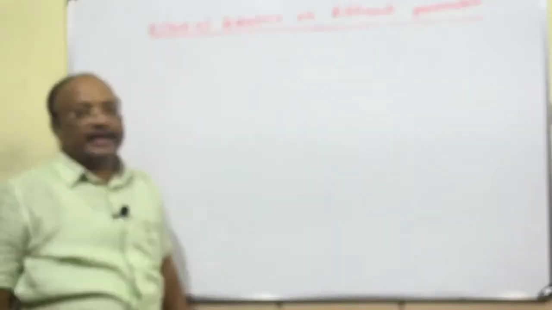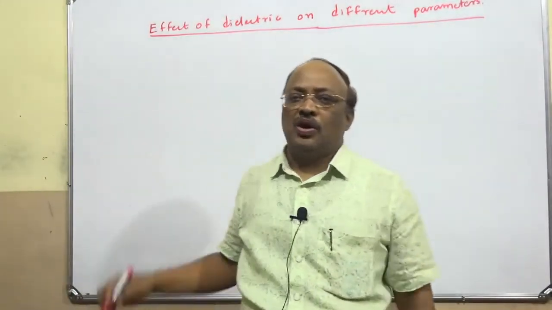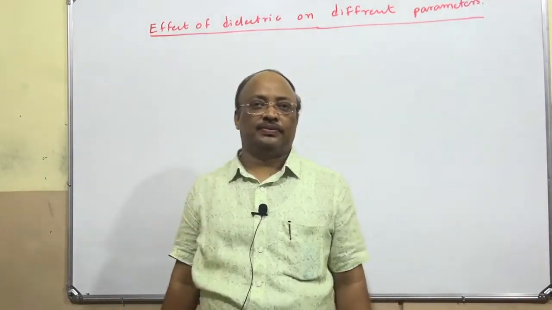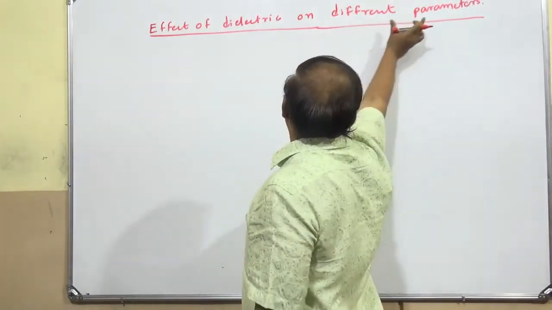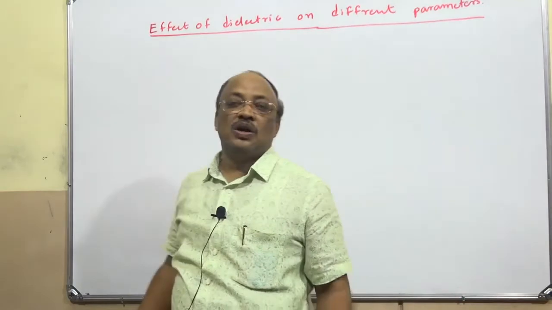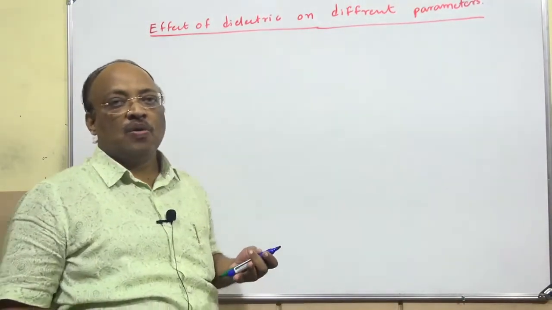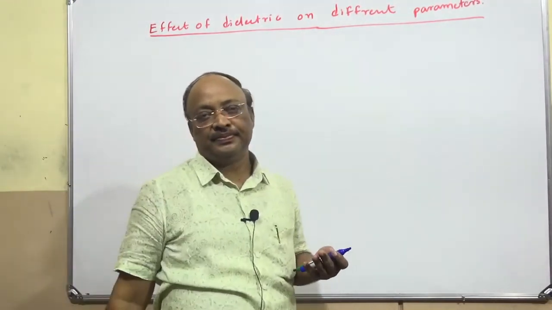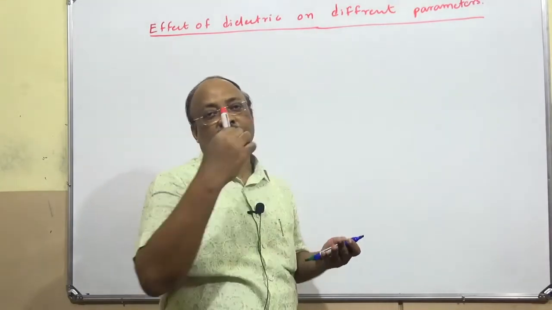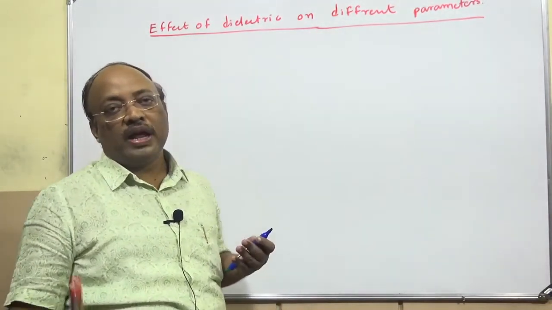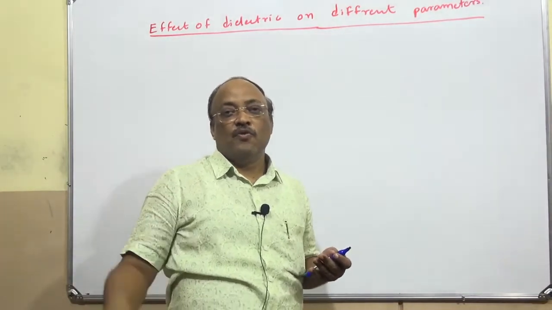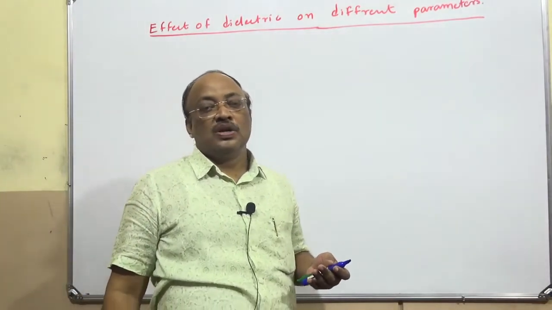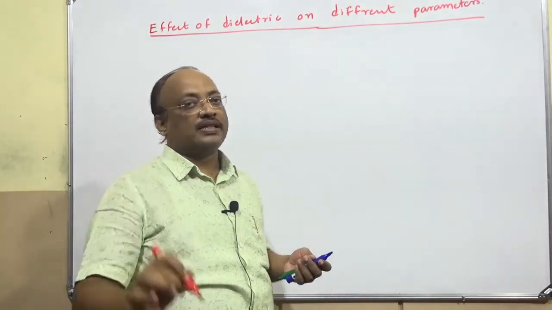When a dielectric is introduced, we already came to know what happens to the capacitance of the capacitor. For other parameters, like what happens to the charge, the potential difference, the electric field, and the electrical potential energy when this dielectric is introduced, that is also what we are seeing.